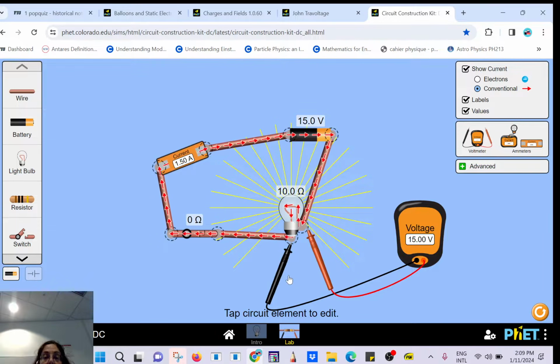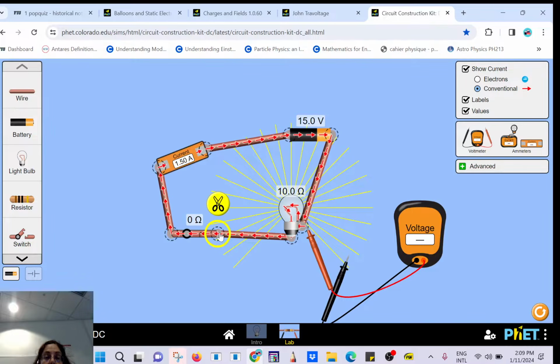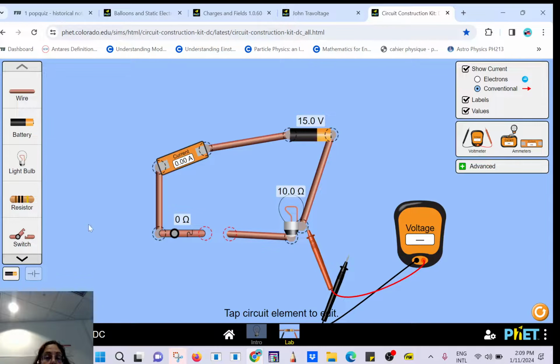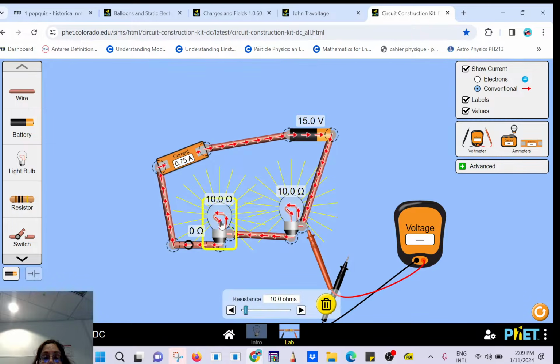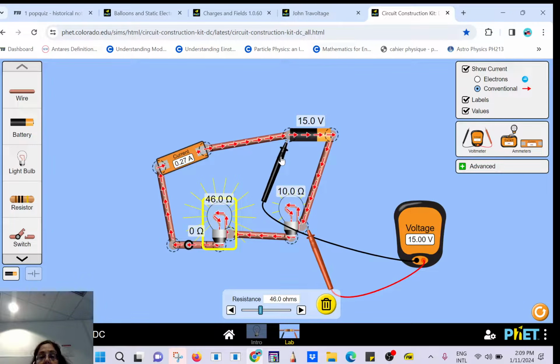So let me ask you something, just since we are here. I'm going to open that. I'm going to take another load here, and I'm going to change the value. So what is the voltage drop here? 15.